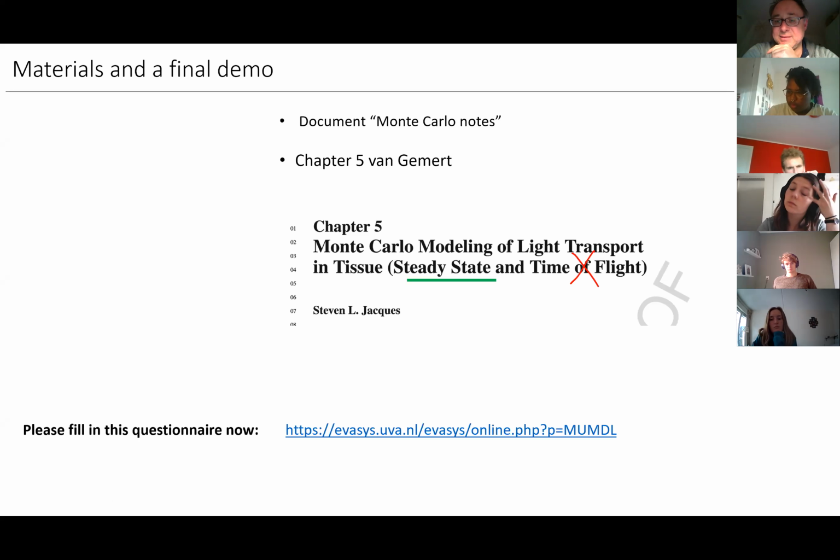You could also add a time component to these Monte Carlo simulations, but that's a little bit too much. So we're only looking at a steady state. And I'll also put a short document on there that summarizes all these approaches.